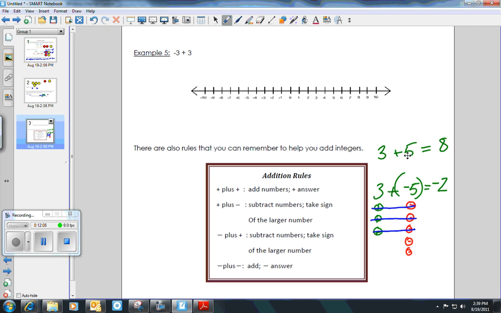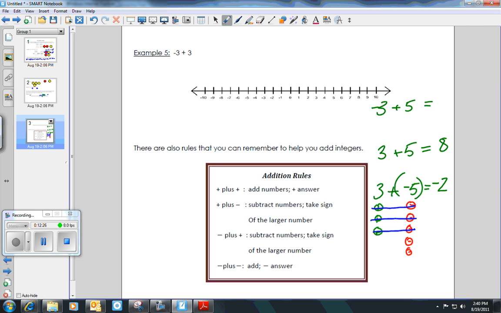Okay? Same way if I had a negative plus a positive. Example, if I had negative 5, or I'm sorry, negative 3 plus 5.